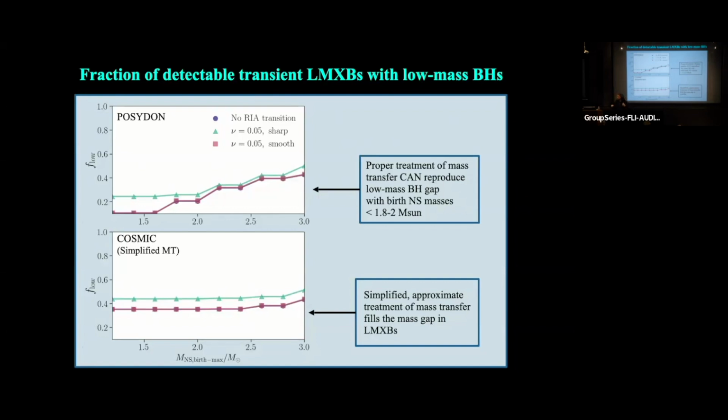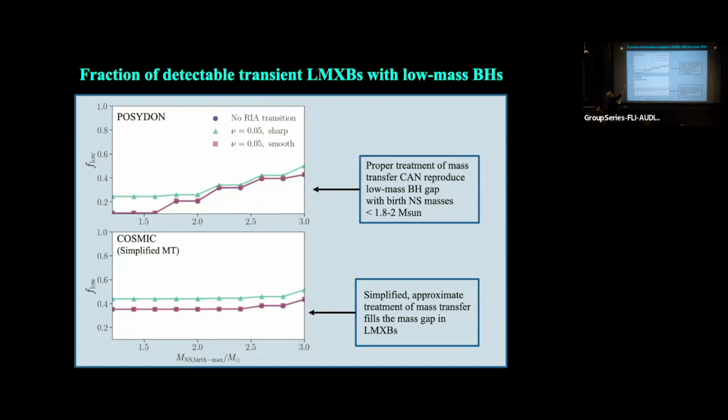And how do we see this in our models? Is because we're plotting this filling factor, F-low, the percentage of systems in our population that are transients and inside the 3 to 5 black hole mass regime.